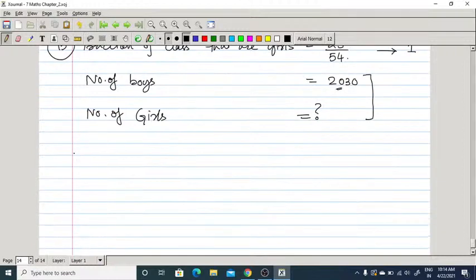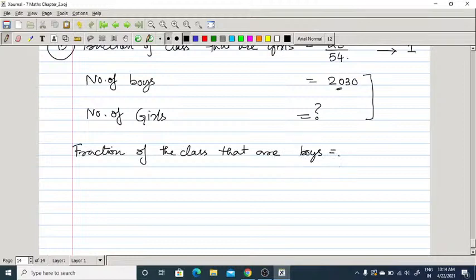So what we are going to find out is the fraction of the class that are boys. That is 1 minus 25 by 54. So that is 54 minus 25 by 54, which is equal to 29 by 54.